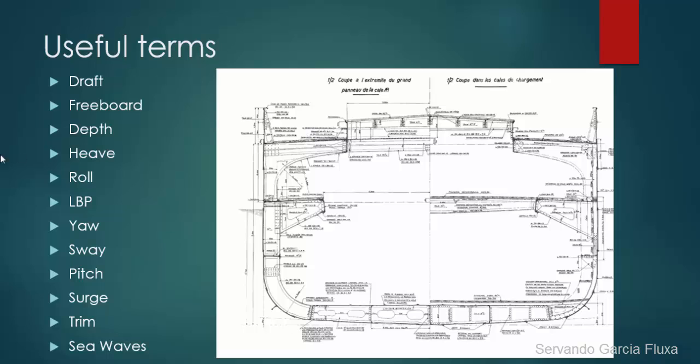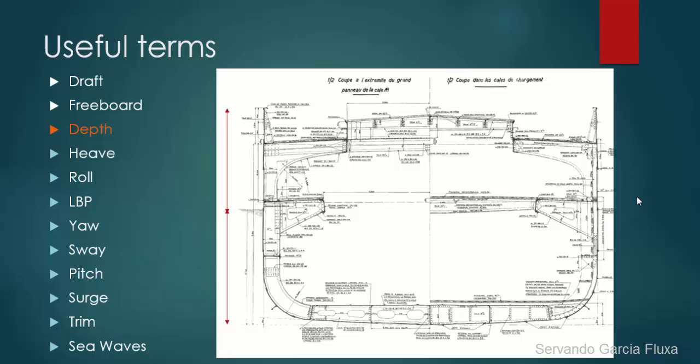So first, the draft is the distance from the waterline to the keel of the vessel. The freeboard is the height of the ship deck above the water level. The depth is the sum of both distances. Maybe you are understanding these terms in a different manner than I'm describing them here, but this is how OPTIMOOR takes them into account.